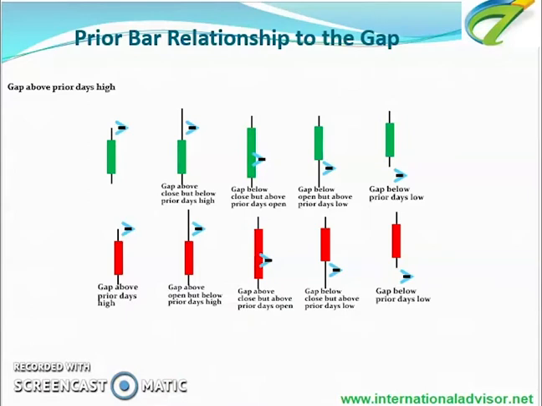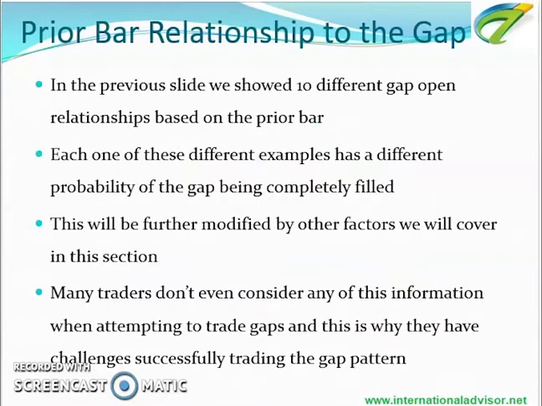Then in the previous slide we showed 10 different gap open relationships based on the prior bar. Each one of these different examples has a different probability of the gap being completely filled. This will be further modified by other factors we will cover in this section.